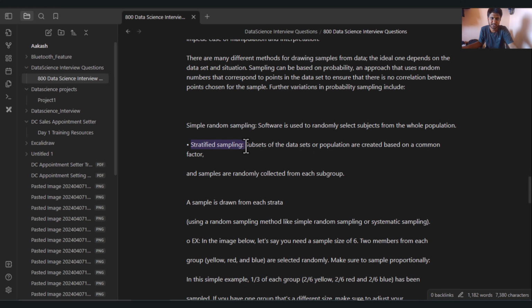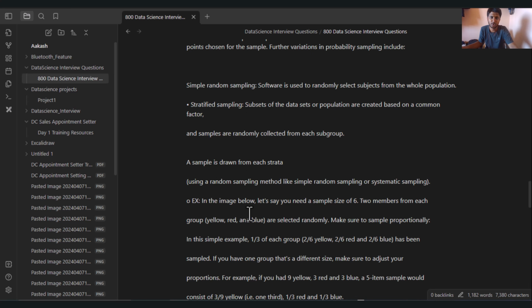There is also stratified sampling, where subsets of data sets or populations are created based on a common factor, and samples are randomly collected from each subgroup. So a sample is drawn from each stratum, using random sampling methods like simple random sampling or systematic sampling.